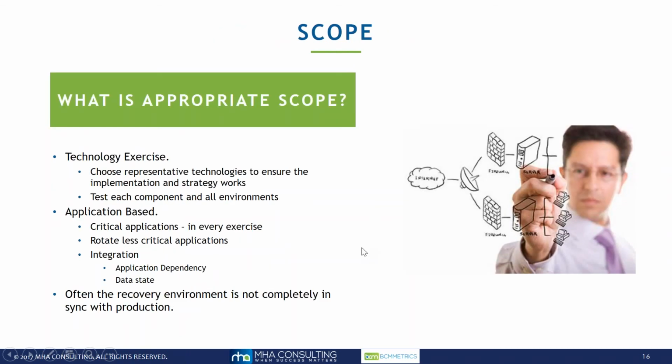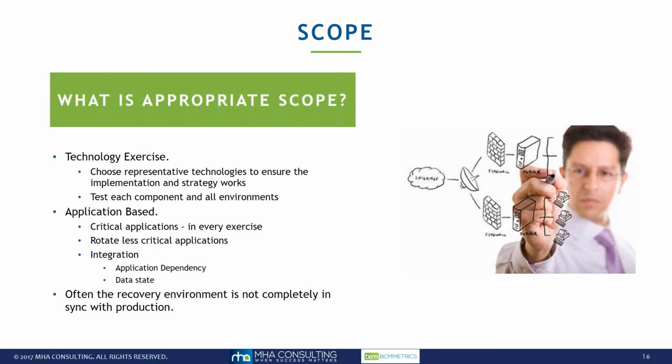So what is really the appropriate scope? From a scope perspective, we've talked through a lot of this. In summary, if it's a technology exercise, we like to choose representative technologies to ensure that we've got the appropriate validation of the technology. It doesn't necessarily have to be comprehensive across all applications, but you may want to cover all of the different types of technology.